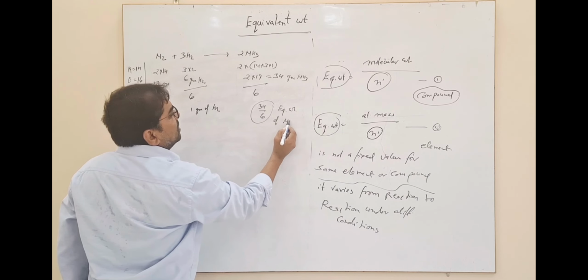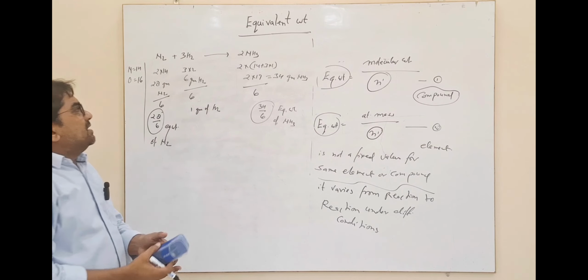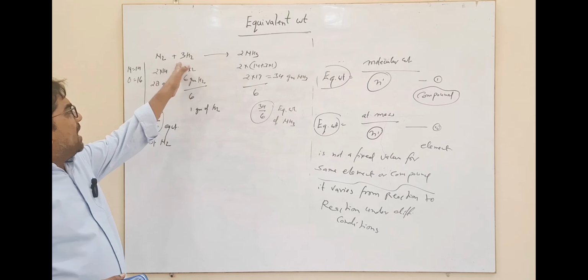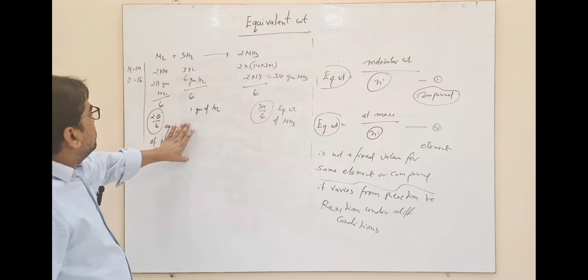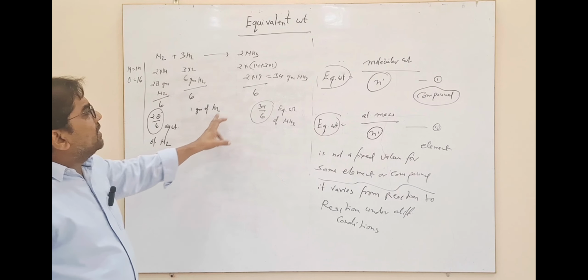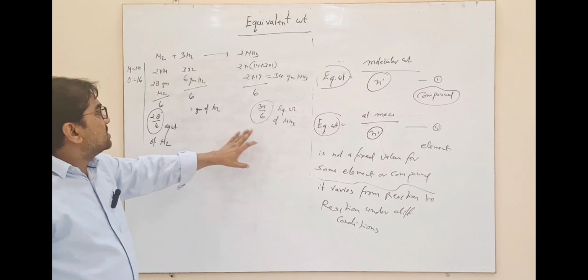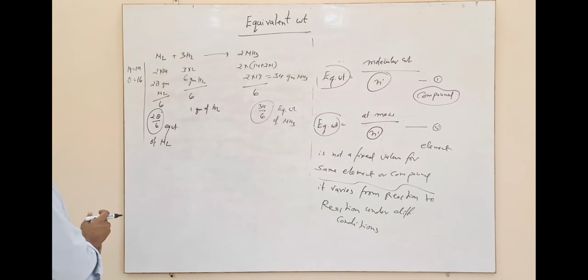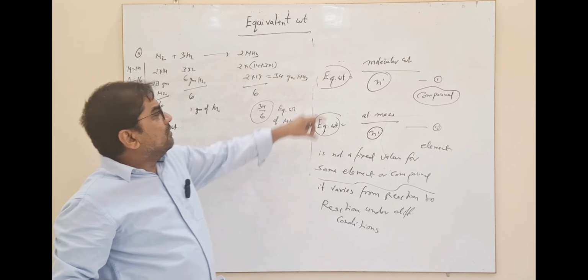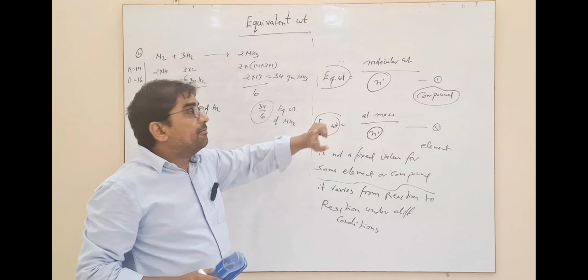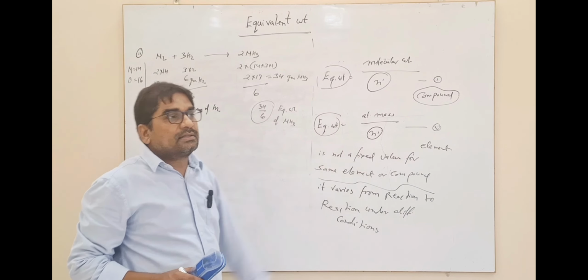So on the basis of a balanced chemical equation, we can find out the equivalent weight of elements or compounds. We have discussed already that equivalent weight is not a fixed value; it varies.